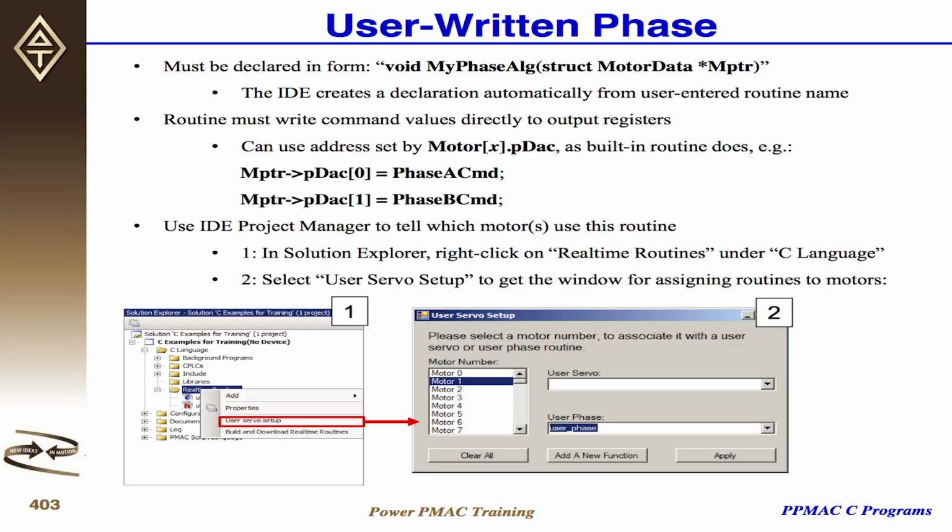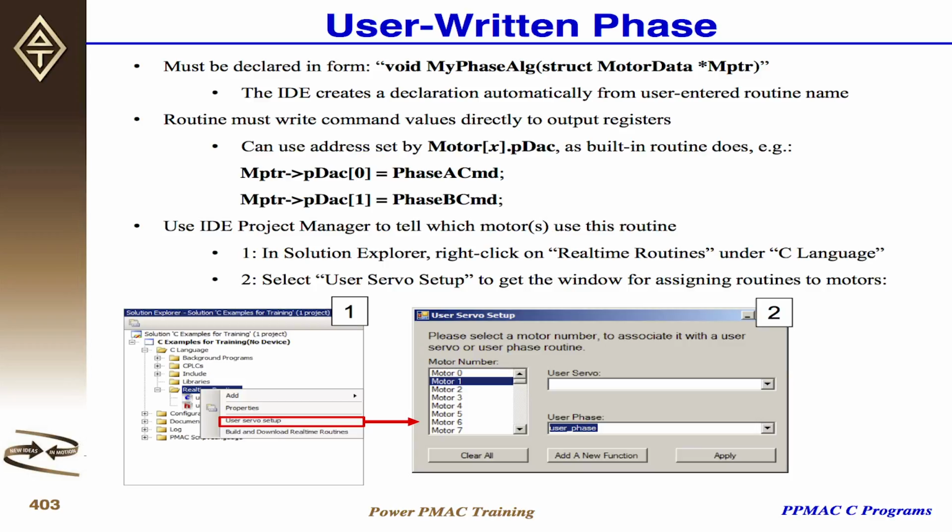You write that to inptr points to PDAC 0 and 1, respectively, for A and B. And just to give you a little refresher on C, this is called the structure dereference operator, dash greater than. So here, the name of the structure pointer is inptr, and this is a member of that structure that we're pointing to.